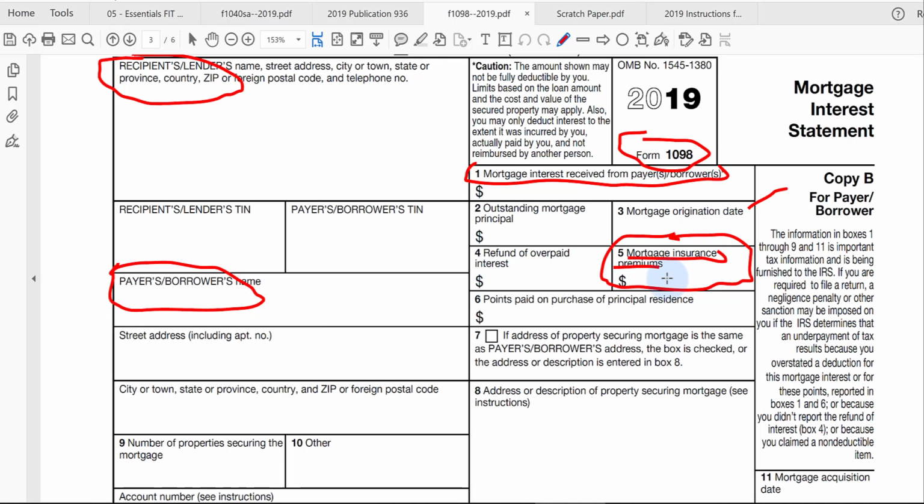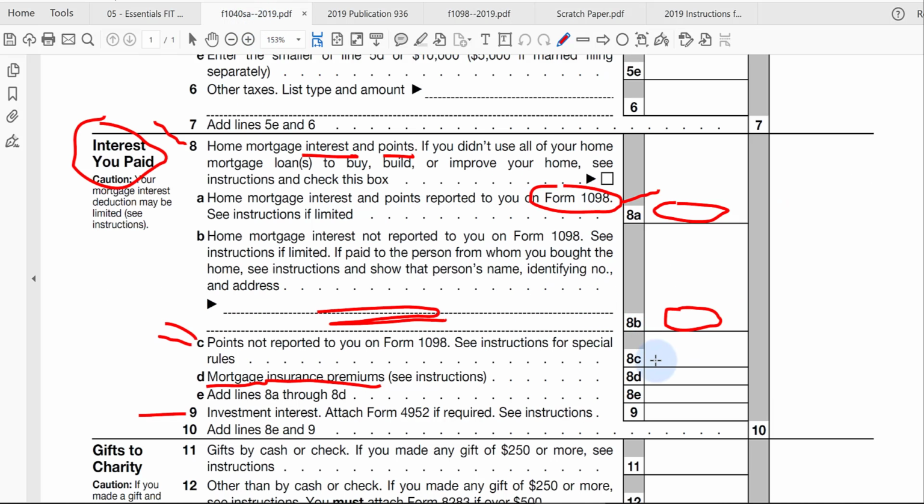If your AGI is less than 100,000, then all of this mortgage insurance premium should be deductible. If it's above that, it'll get phased out and totally phased out if your AGI is above $109,000. And again, that's reported here in line 8D, mortgage insurance premium.